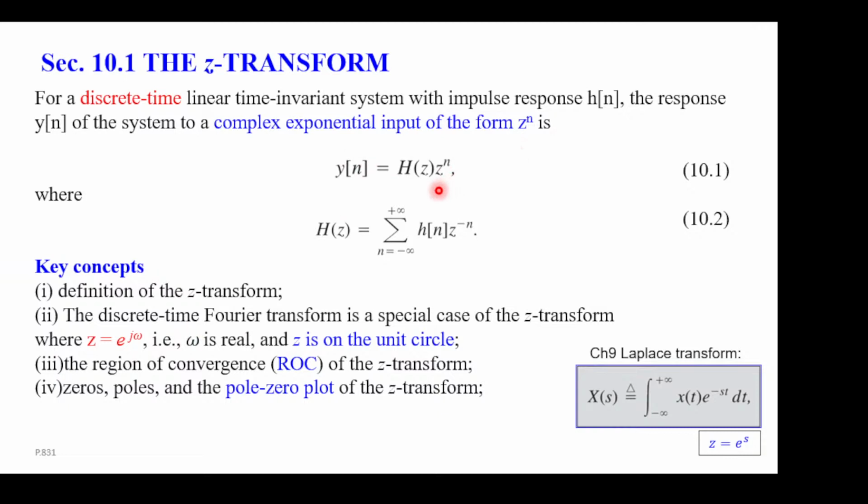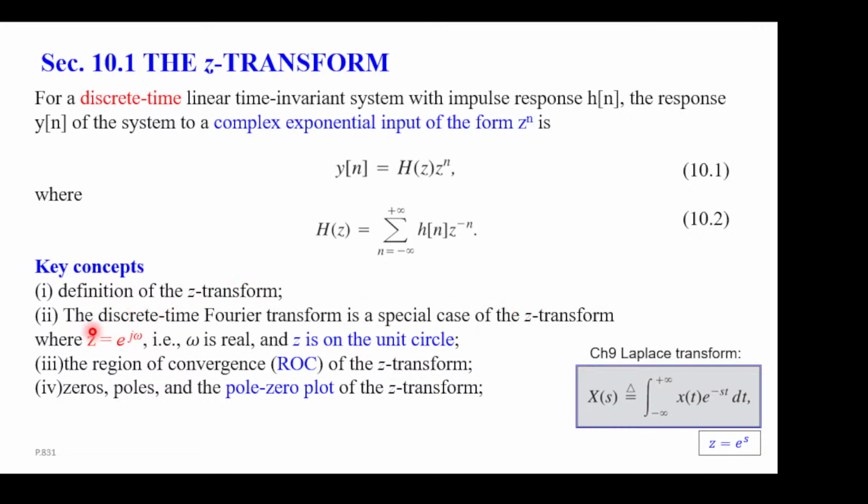But now we do an analytical continuation, so now we don't put a restriction on z anymore. So z can now be any complex number, and there is going to be an ROC of this z.